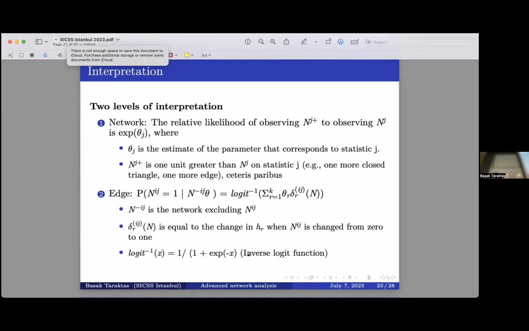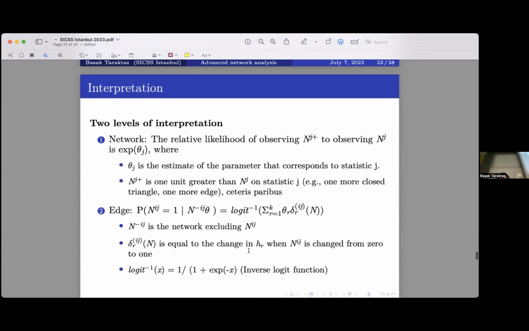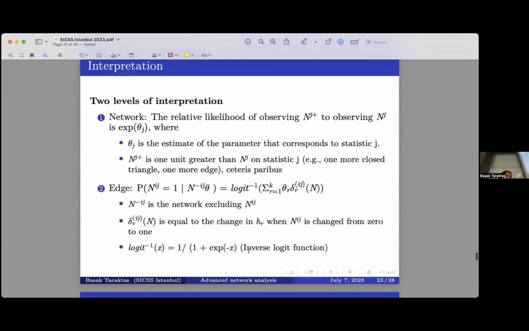Anyways, this is going to give you the effect of whatever you're looking at, let's say transitivity, on tie formation. Tie formation, again, might represent anything: trade between states, or friendship among people, or, I don't know, marriage links. There's a very famous study, maybe you've heard about it, the Florentine networks.